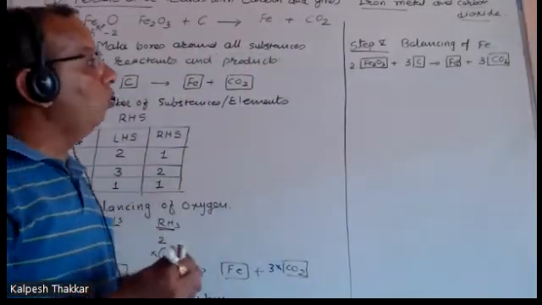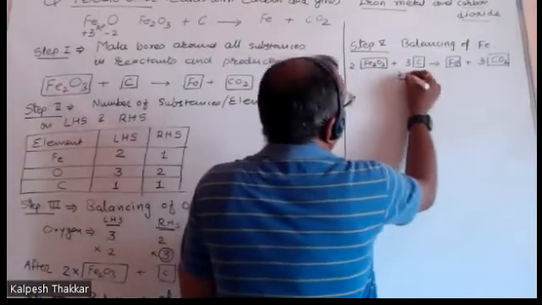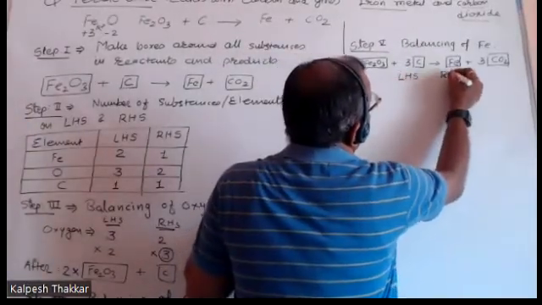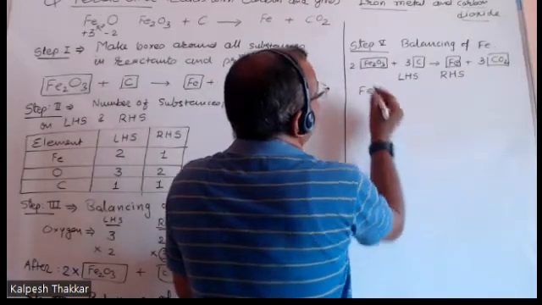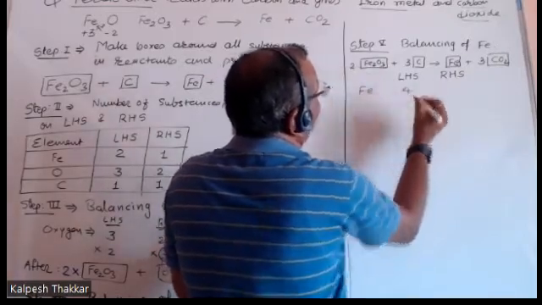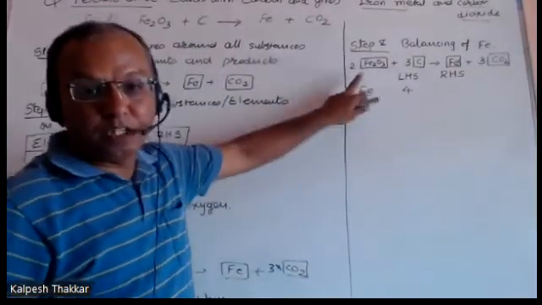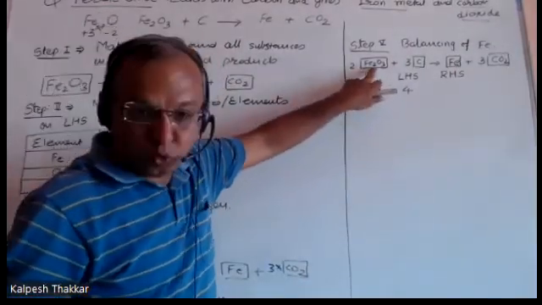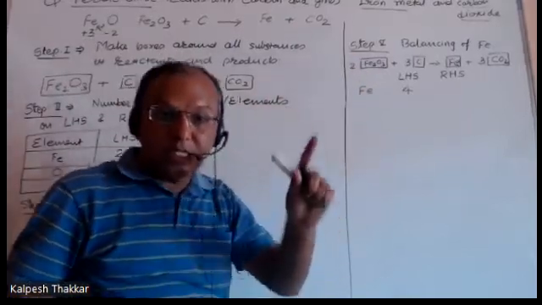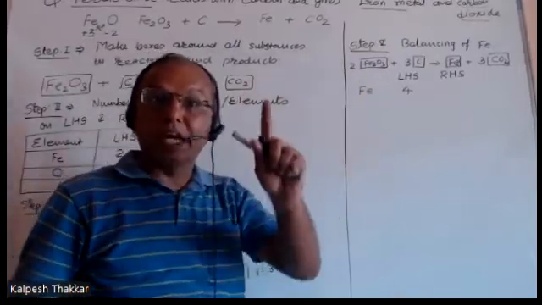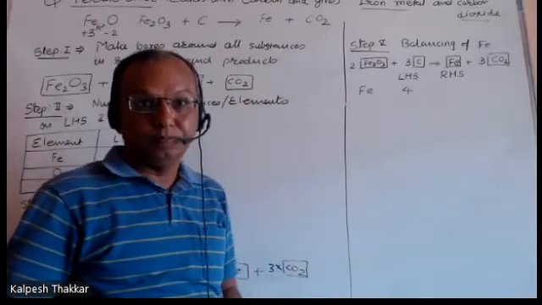Now, before that, what is the position? This is LHS, this is RHS, and this is Fe. You can see 2 twos, 4 Fe atoms are present on the LHS. This is 2. This is 2. The number which is mentioned before a substance is applicable to all elements.